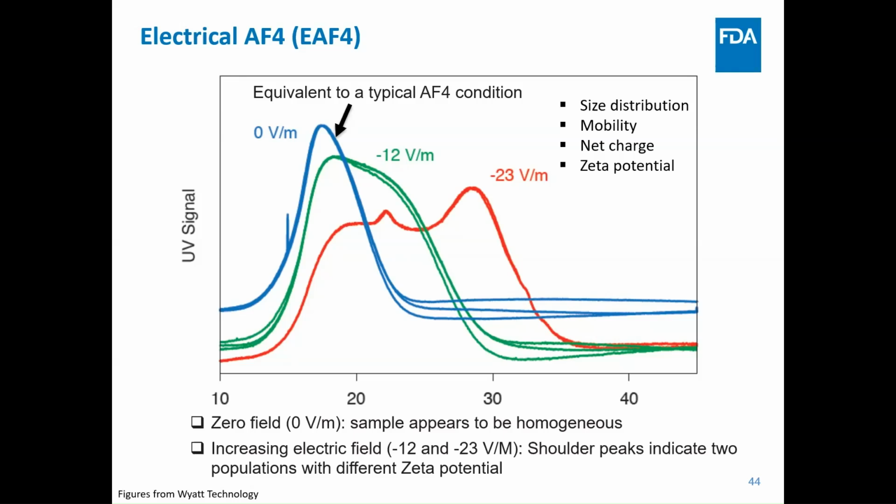That means that despite the uniformity in hydrodynamic size, there might be some difference in surface composition that results in a different amount of surface charge carried by the particles, which results in the shoulder peak. So electrical AF4 is very sensitive in picking up such subtle differences in the formulation.